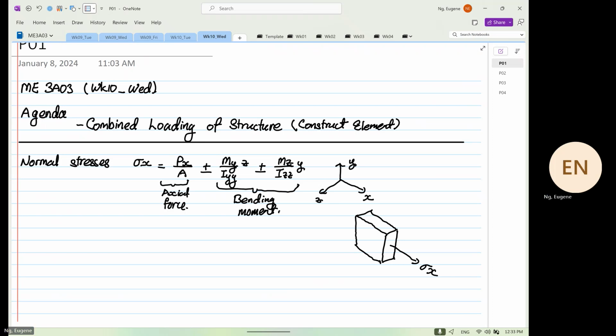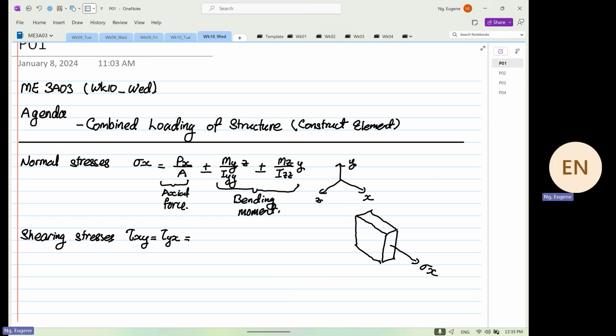Okay. And then if we were to look into our shearing stresses, for this case, I will specifically state that we are looking at shear XY is equal to shear YX.